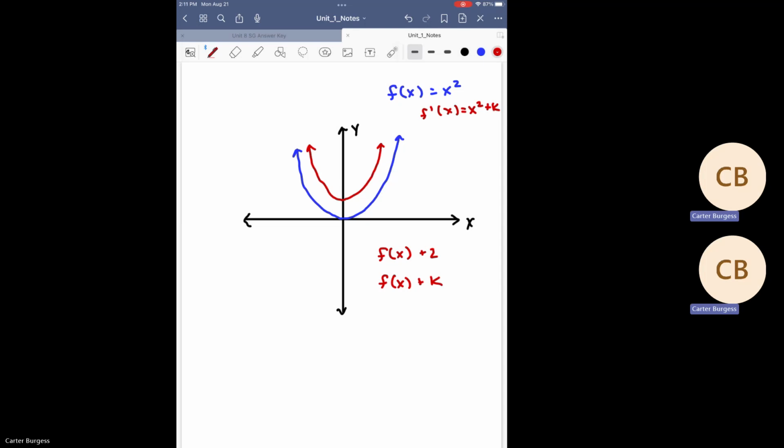Okay. Vertical shifts, these are the really nice ones. You add 2 to your function, height increases by 2. Not too bad.